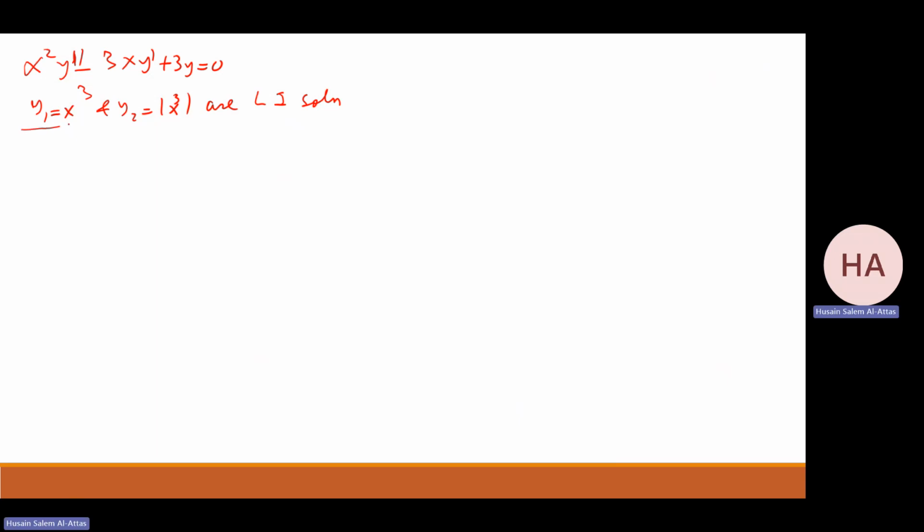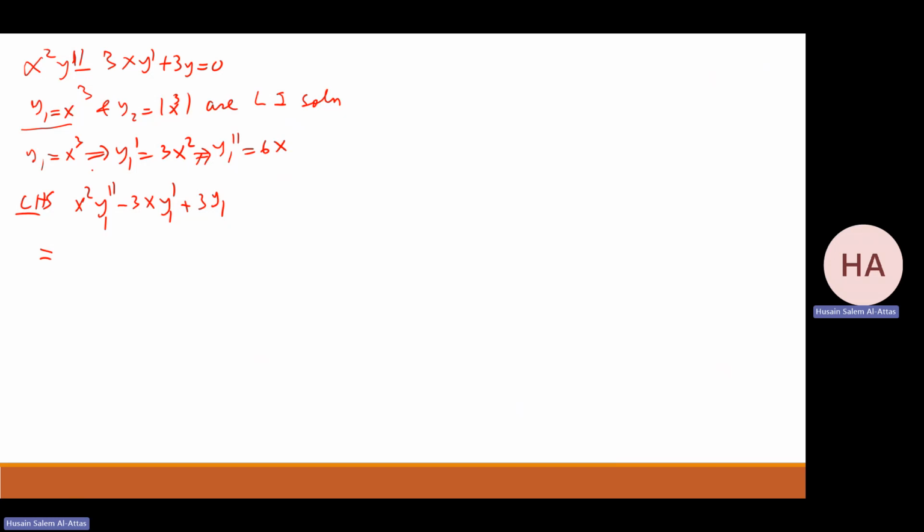For y1, how to show it? Say it's a solution. This is easy. y1 prime equals 3x squared, and y1 double prime equals 6x. Left hand side will be x squared y double prime minus 3x y prime plus 3y1.